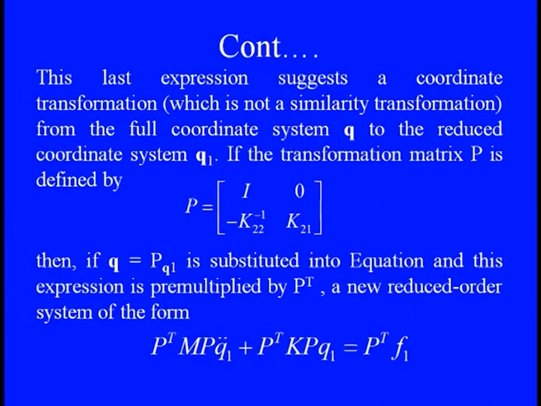Now we have a new reduced-order model of the entire system, with the full coordinate system Q equal to P Q1. So P transpose M P Q1 double dot plus P transpose K P Q1 equals P transpose times the forces, so it is F1.